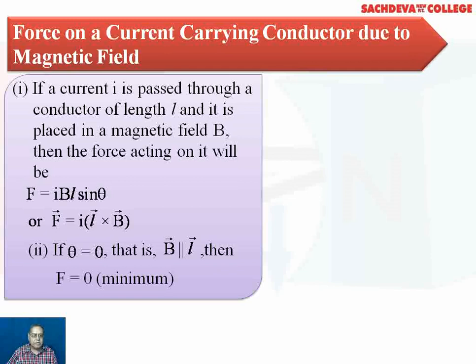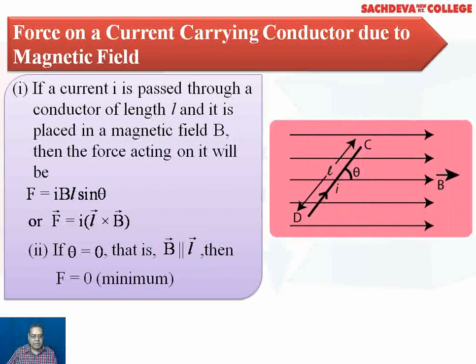Now, first part is, if current I is passed through a conductor of length L and it is placed in magnetic field B, then force acting on it will be F is equal to IBL sine theta, or F is equal to I into the cross product of L and B. If theta is 0, that is B is parallel to L, then F is minimum.